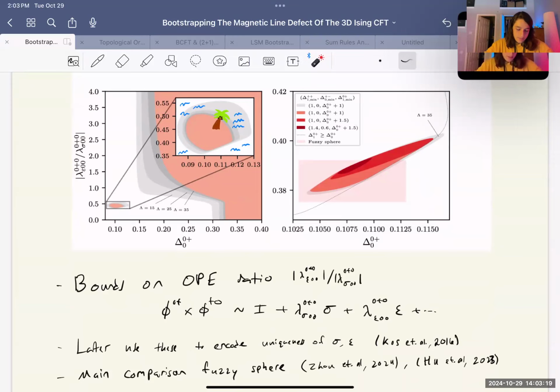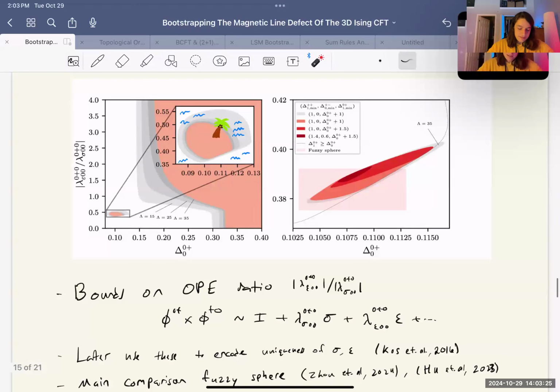One quantity that is not like the most physically important perhaps, but it encodes a useful piece of information for the bootstrap, is this ratio of OPE coefficients of sigma and epsilon appearing in the OPE of the endpoints.